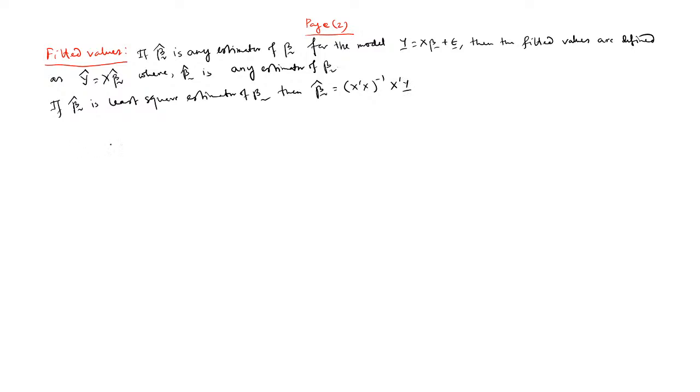And in that situation, y curl hat, which is equal to X beta curl hat, is equal to X prime X inverse X prime y curl, then this matrix is called the hat matrix. So H equal to X X prime X inverse X prime is called a hat matrix.